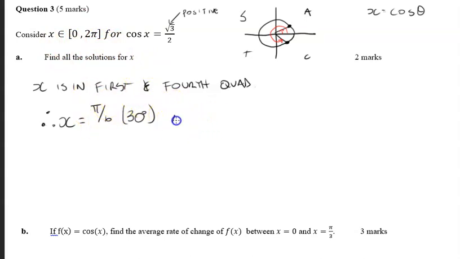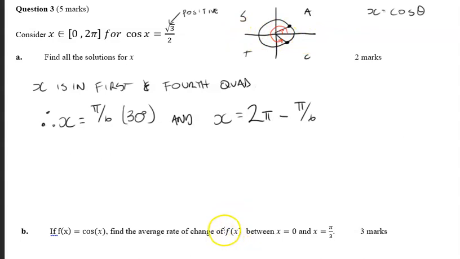And also, because we're also looking in the fourth quadrant, x is also going to be equal to this part here. Now, how we get that is getting 2 pi, so a full revolution, take away that pi on 6. Because that little angle in there is also pi on 6. There's a reflection that's happening on the x-axis.